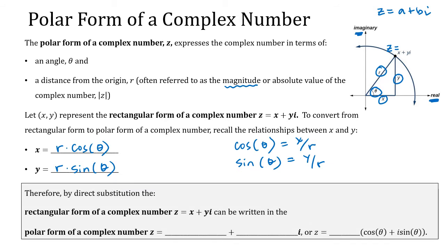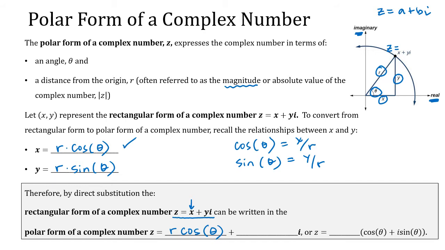By direct substitution, if I have the rectangular form, z equals x plus yi, in the place of the x, if I want to write this in polar form, then I'm going to substitute in r times the cosine of theta, because that's what x is equal to, right?